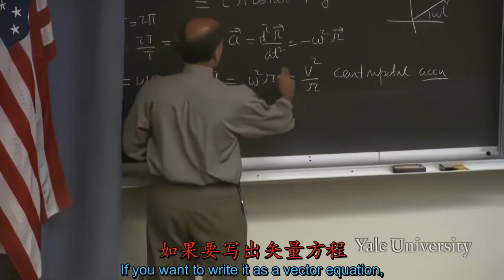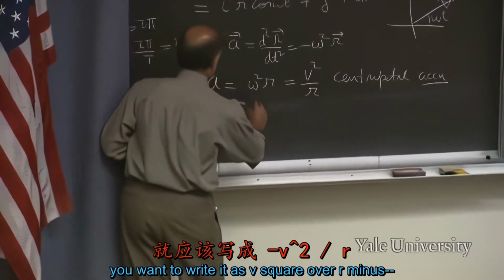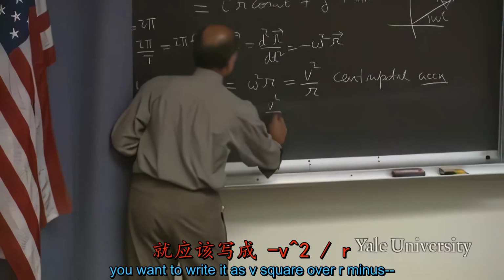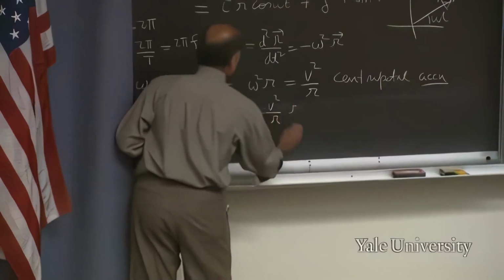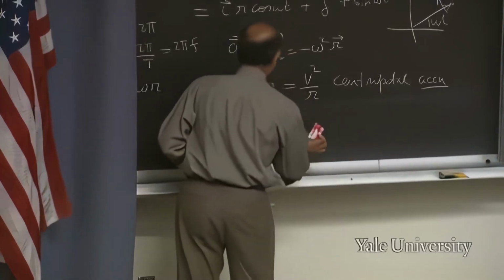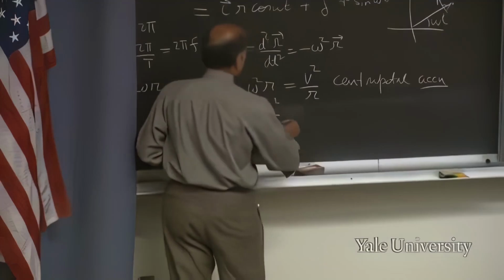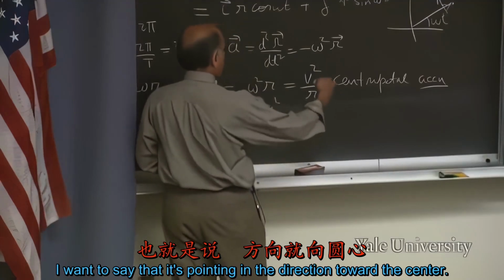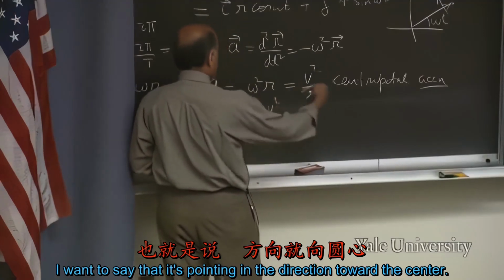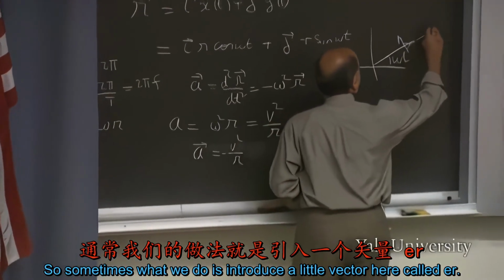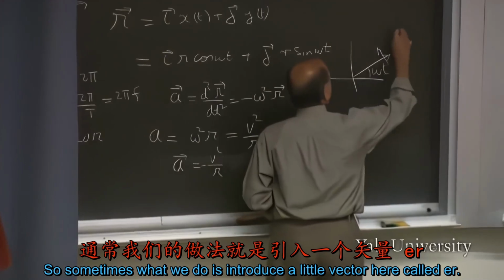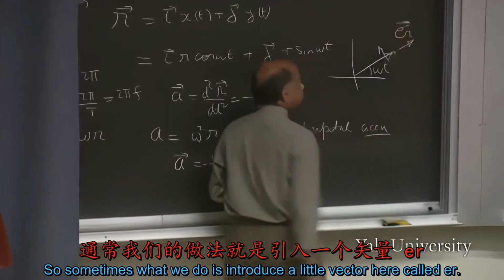If you want to write it as a vector equation, you want to write it as v squared over r, minus, I want to say that it's pointing in the direction toward the center. So sometimes what we do is we introduce a little vector here called E sub r.